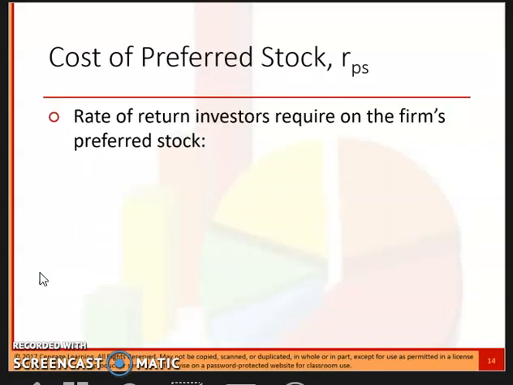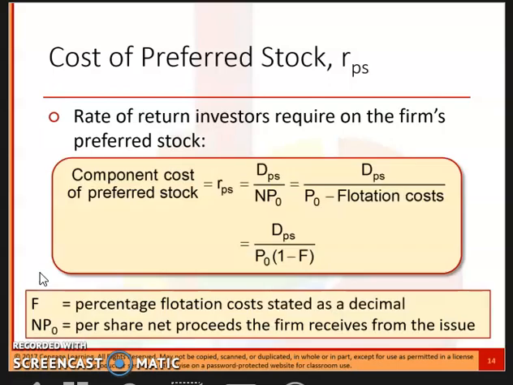The cost of preferred stock is the rate of return that investors require on the firm's preferred stock. So the rate, R subscript PS, is the dividend paid on preferred stock divided by the net proceeds.